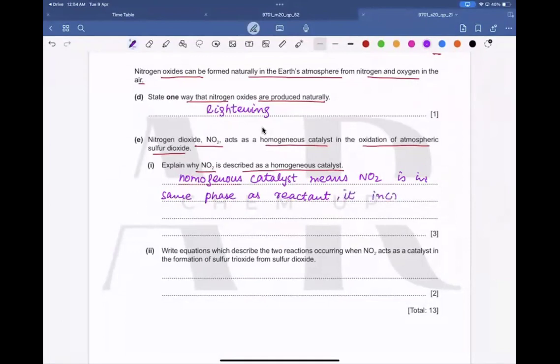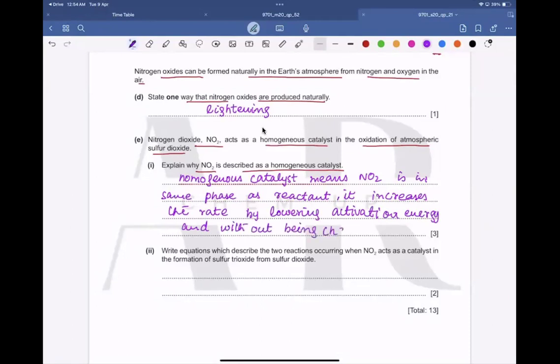It increases the rate by lowering the activation energy and without being changed chemically at the end of the reaction.